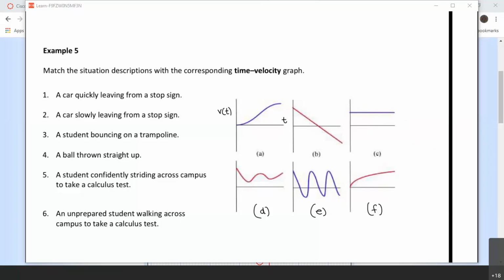So a student who's confidently striding over to their class, because they know they're prepared for a test, is probably moving at a constant rate. So I would agree that 5 goes with C. Again, not speeding up, not slowing down.